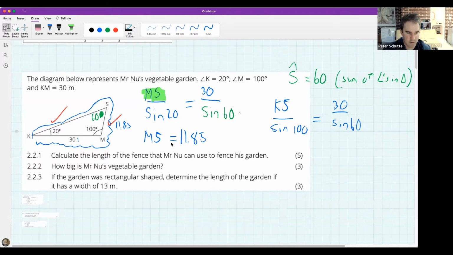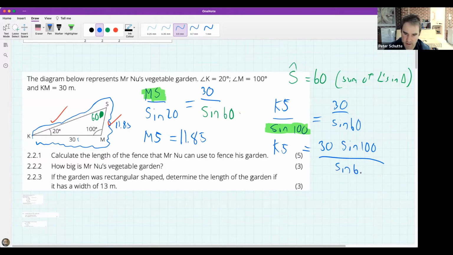Okay. Mr. Ace, can you please quickly go through how to rearrange the equation when typing the sine rule into the calculator? So all that you need to do is, in this case, for KS, the sine of 100 is the thing that's getting in the way. And so we multiply both sides by the sine of 100. And so what we end up getting is 30 sine 100 over sine of 60.